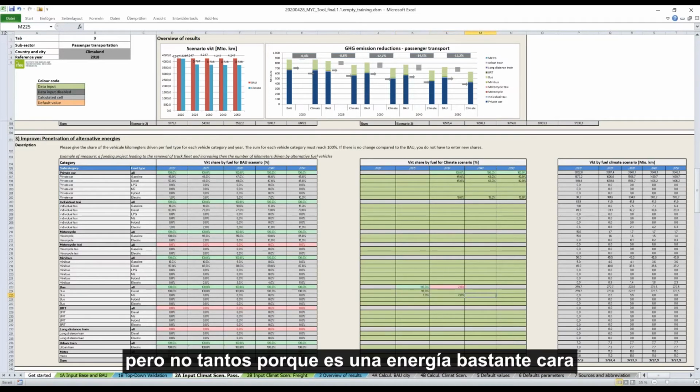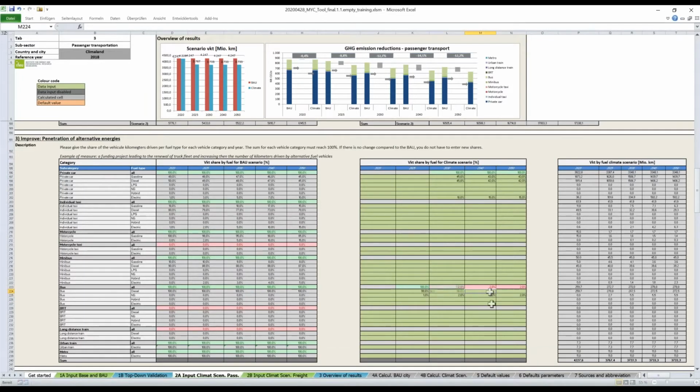But not so much, because it's quite an expensive technology. You have to have refueling stations and so on. So we plan with 2%. So as you see, you're starting to increase your savings again.